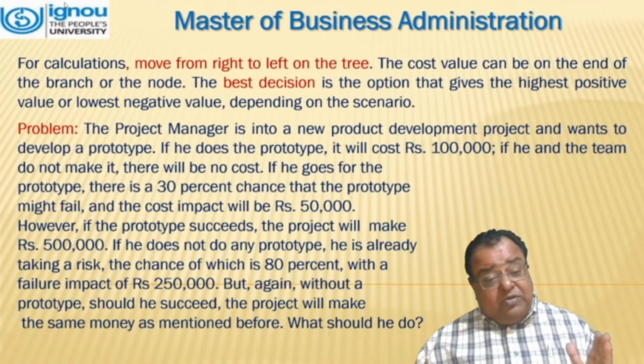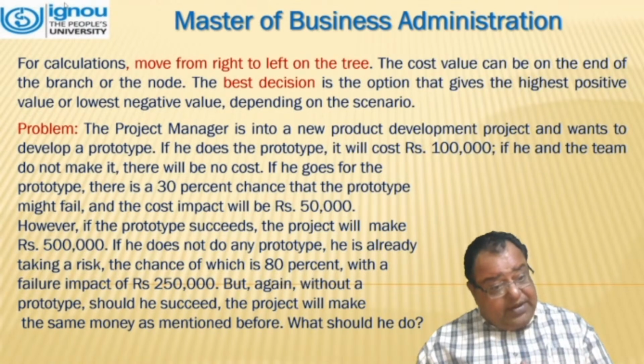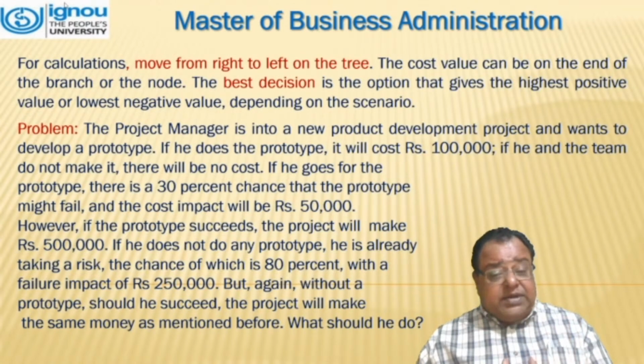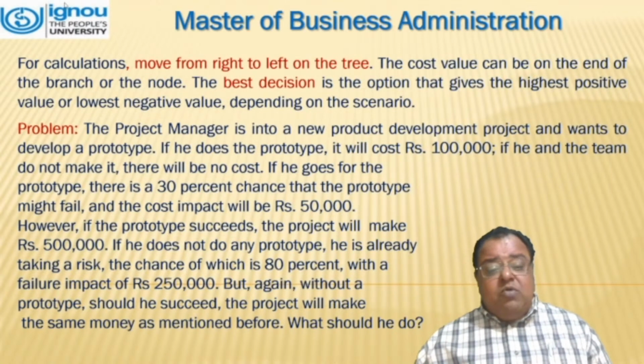If he does not do any prototype, he is already taking a risk, the chance of which is 80% with a failure impact of 2,50,000. But again, without a prototype, should he succeed, the project will make the same money as mentioned before. What should he do?